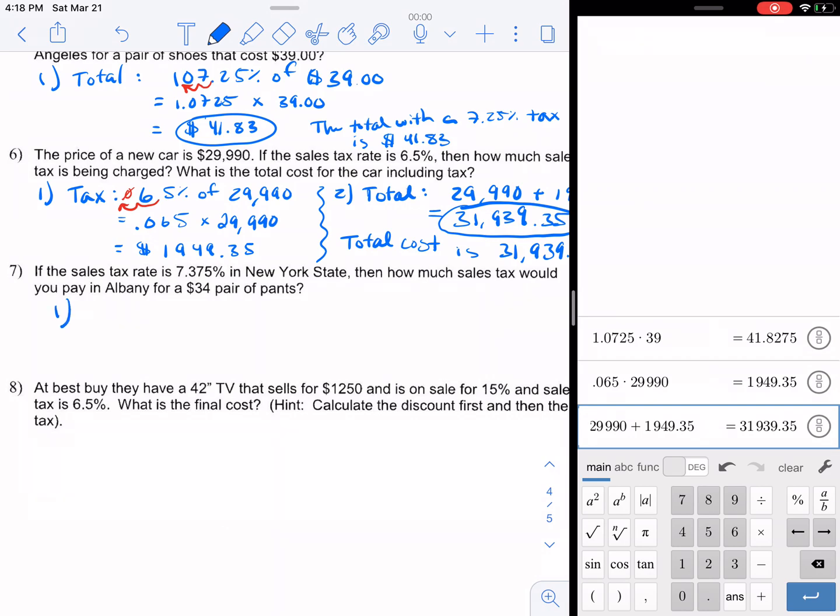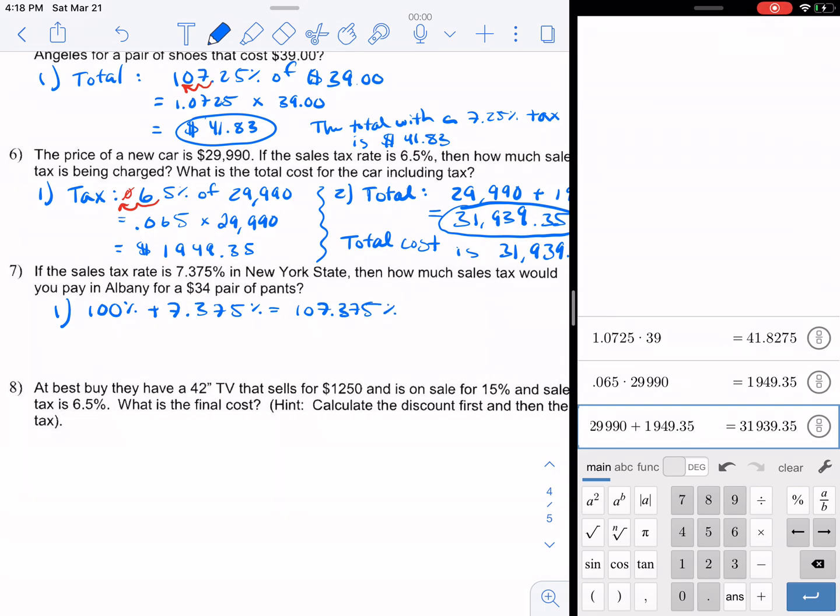So originally you were going to pay 100% of the shoes. Now you're going to pay 7.375% more. So you add it, and you get 107.375%.